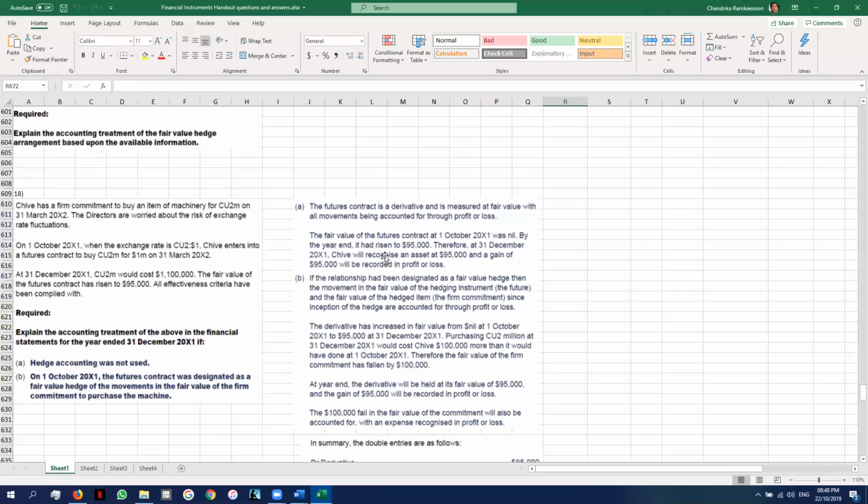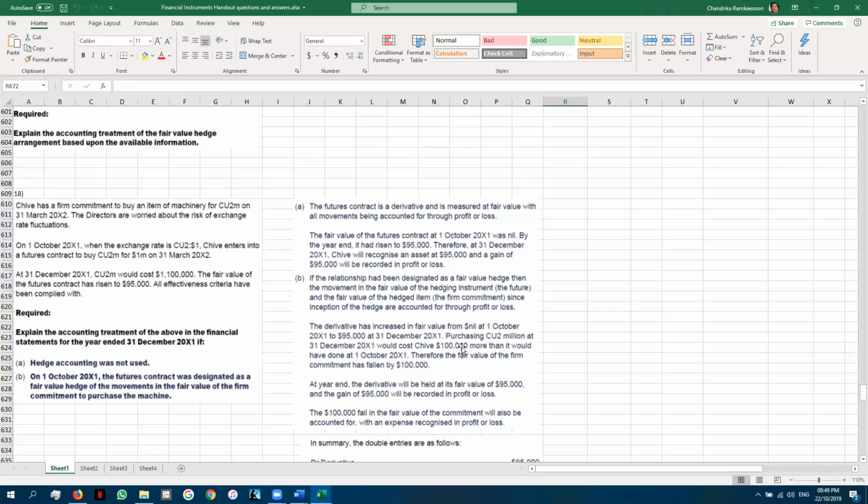In other words, if the futures transaction was carried out, but Clive had chosen not to use hedge accounting, this is what will be done. If on the other hand, the futures transaction was carried out and the company decided to use hedge accounting, remember it's not mandatory, they decided, then we'll have to do what we are doing here.